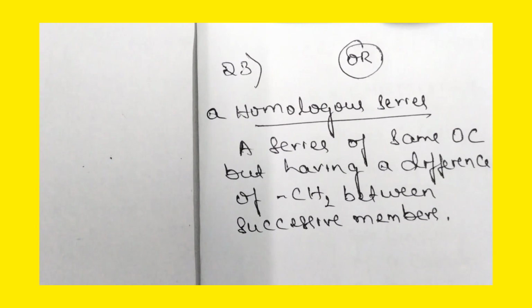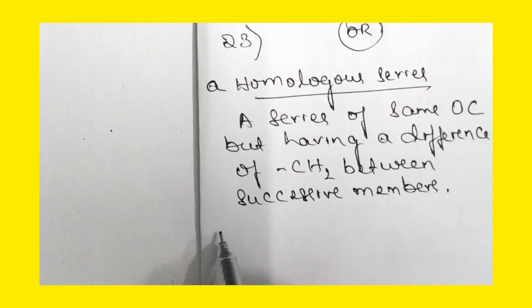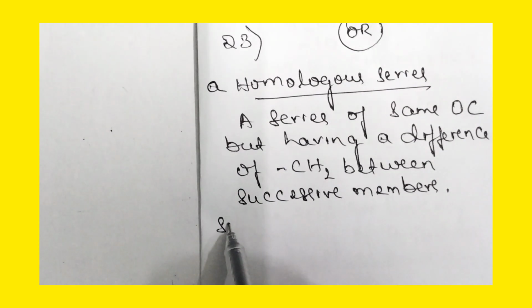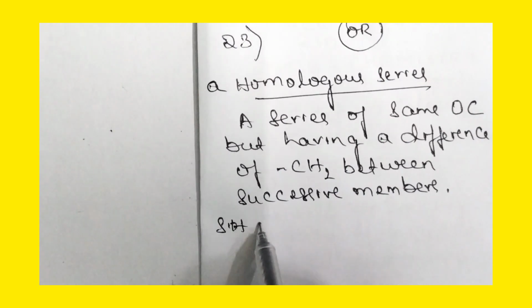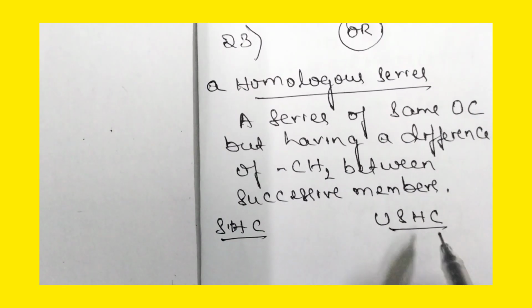So what are homologous series? A series of the same organic compound but having a difference of CH2 between successive members.